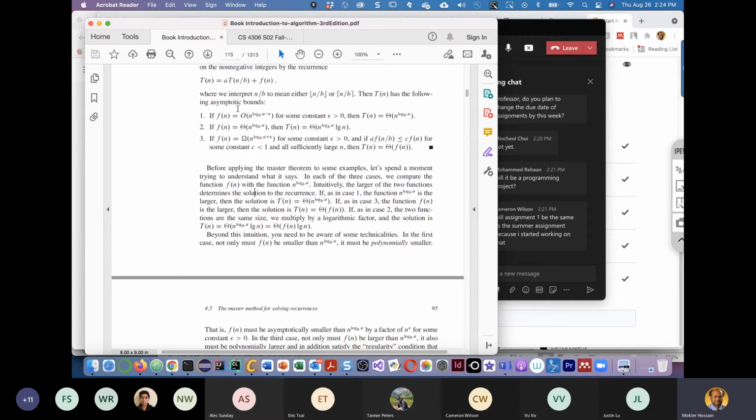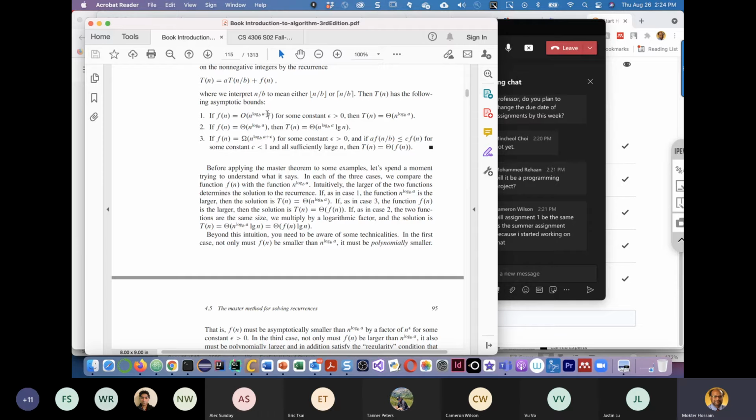Okay, so in that case, for case 1, f(n) equals big O of n to the power log_b a minus epsilon, with some positive value. Then which one is larger? This part is larger, right? Because we are subtracting this epsilon, some positive value, to make this equal to this.